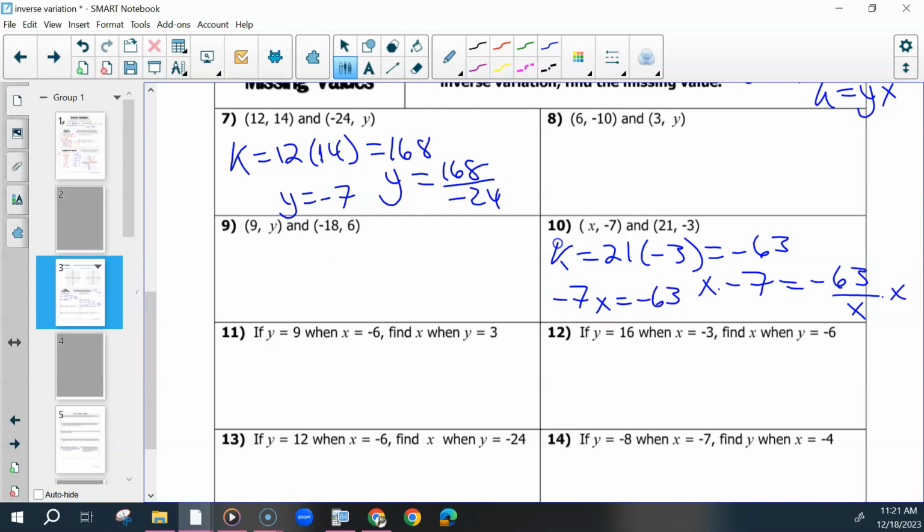And then divide, so that x equals. What would x equal? 9. Questions on that one?